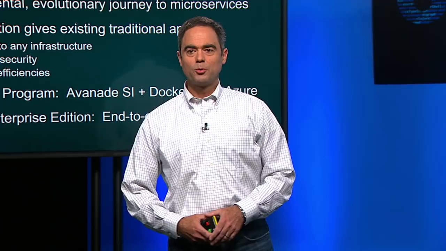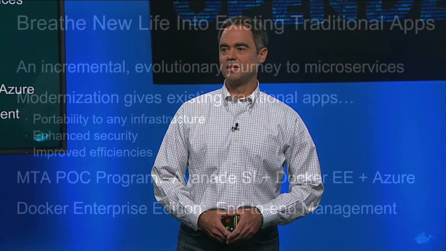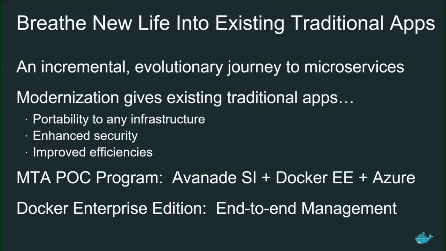So we think that's a pretty exciting demo of how Docker and Microsoft together can breathe new life into existing traditional applications. And in a couple of short minutes, we've shown you how you can take an evolutionary stepwise approach to microservices, and that modernization actually gives you real benefits. It can give you benefits of portability.